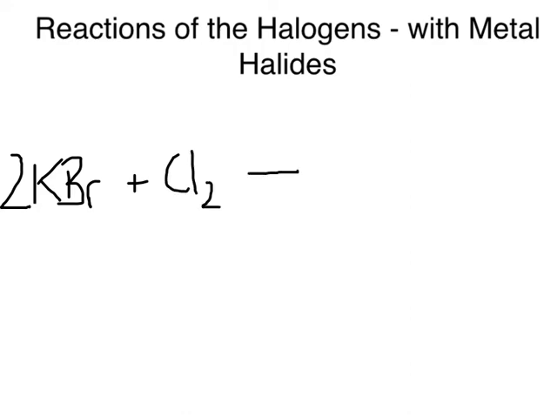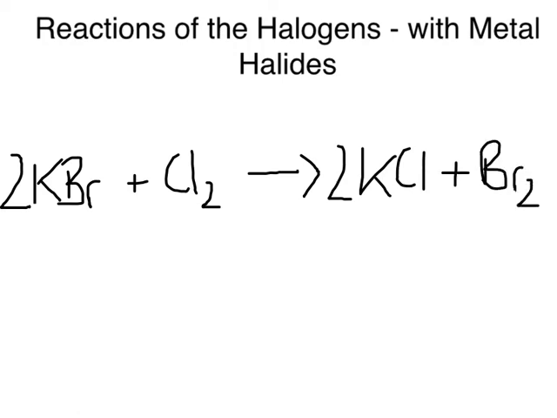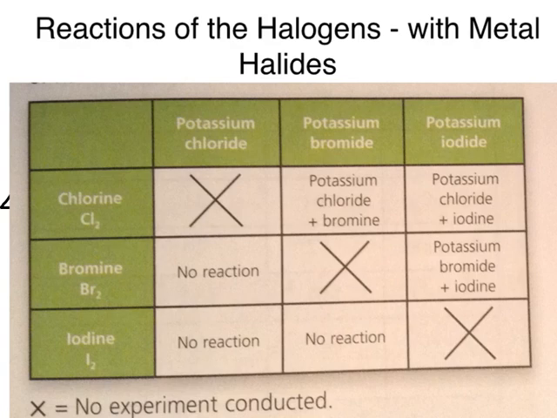Now that will displace the bromine to form 2KCl plus Br2. Now in your notes what I'd like you to do is have a go at doing another displacement reaction from one of the reactions that we've seen on here. So pick one, or pick two, and do the reactions for them.